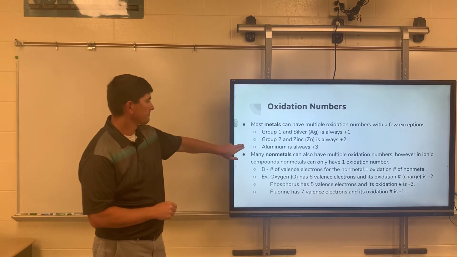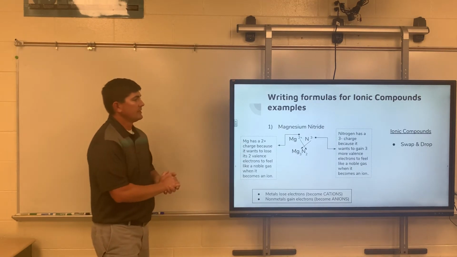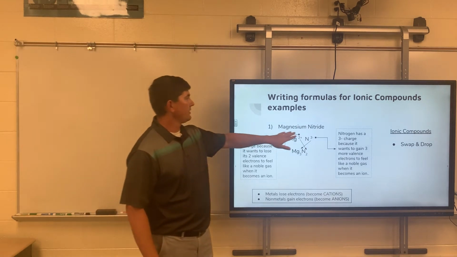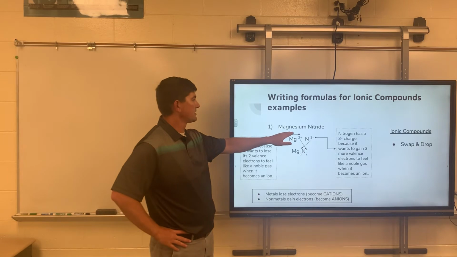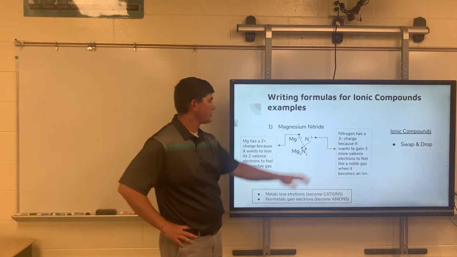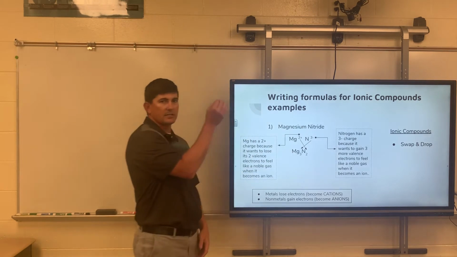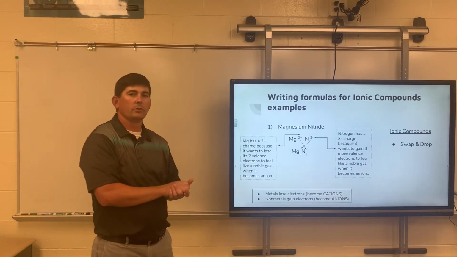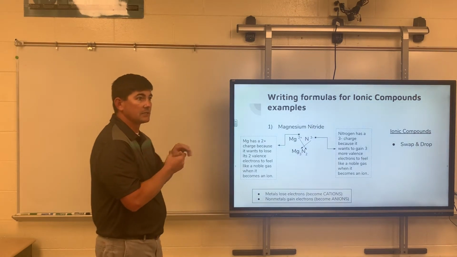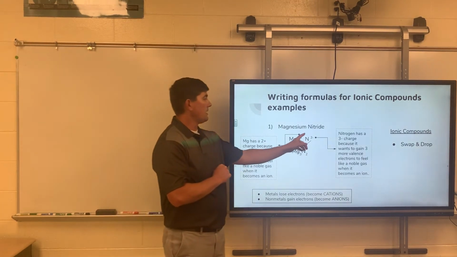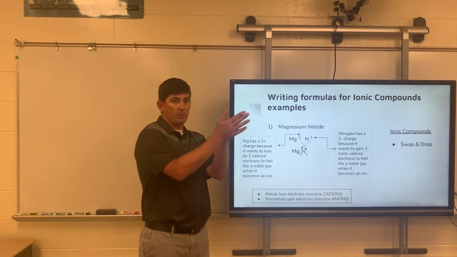Okay. So when it comes to writing the formula, if I take this example here, I've got magnesium nitride, right? So magnesium I know is a +2 because it's in group 2. Okay. You look on your periodic table, in group 2 you find magnesium, it's the second one down, right? Nitrogen is a -3 because of where it is on the periodic table, okay?